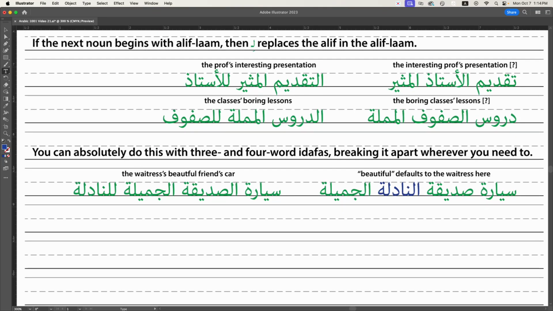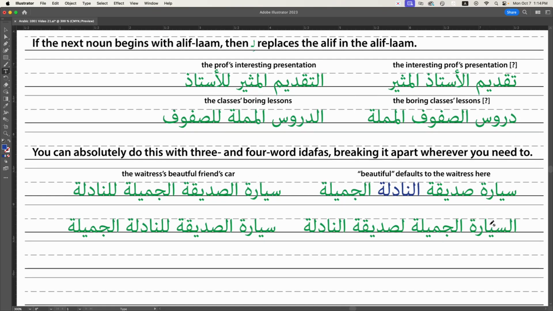So we can break it up in another place. We can say as-sayyara al-jamila, the beautiful car, li sadiqat an-nadila, of the friend of the waitress. So now these two words are still an idafa right here, just like these two words are still an idafa up here.